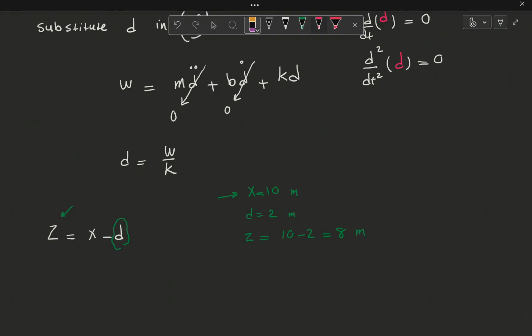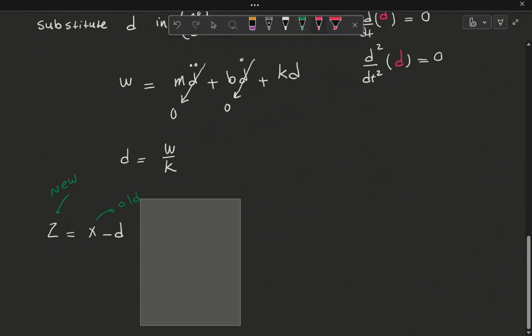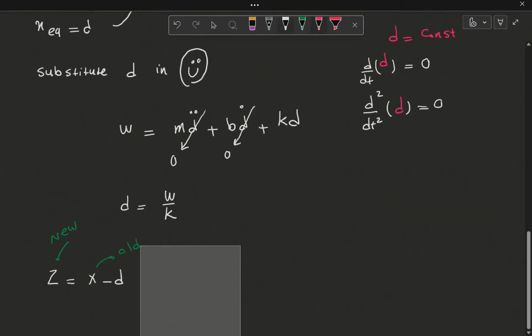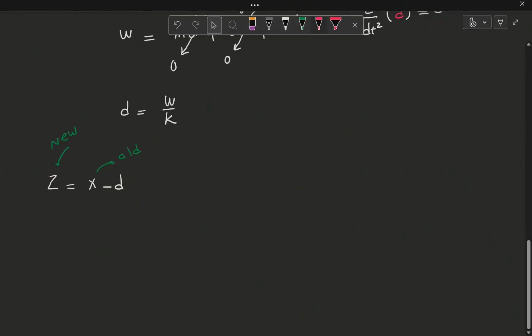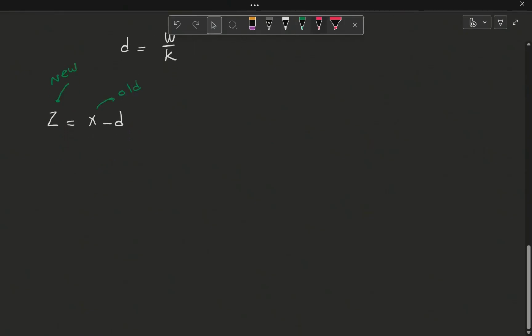Okay, so let me get rid of these calculations and go back to the problem. This is my new coordinate system or new origin, and this is my old one. Now, let's take some derivatives and see what's going on.